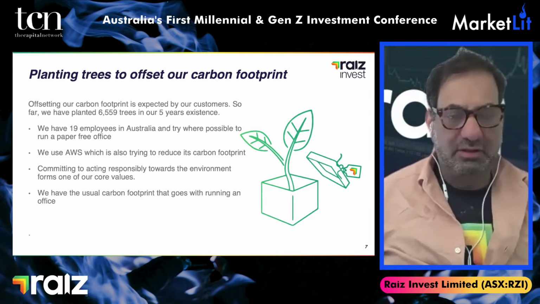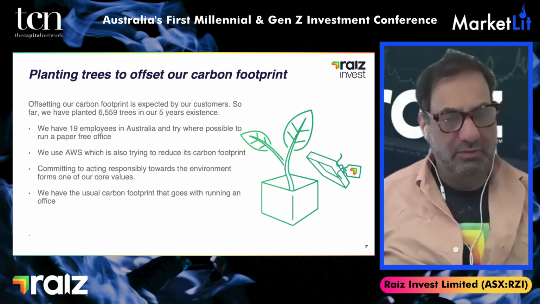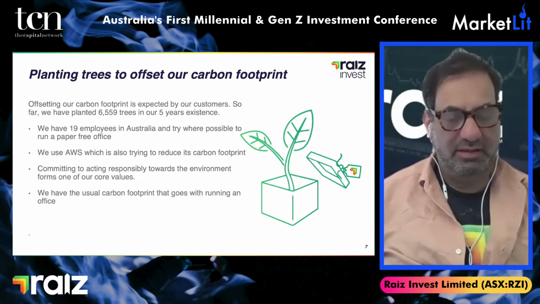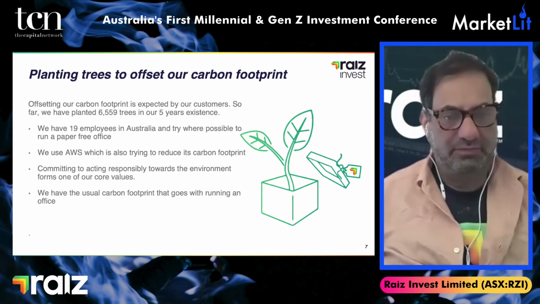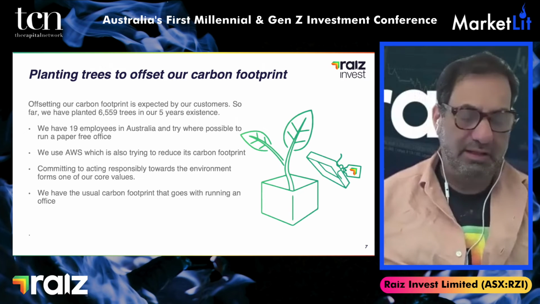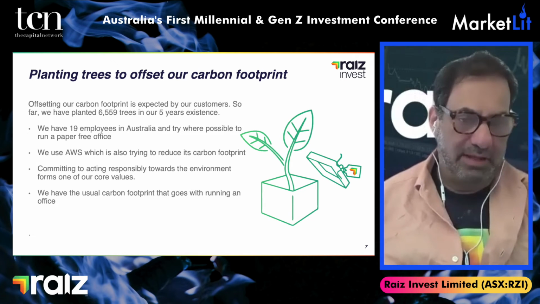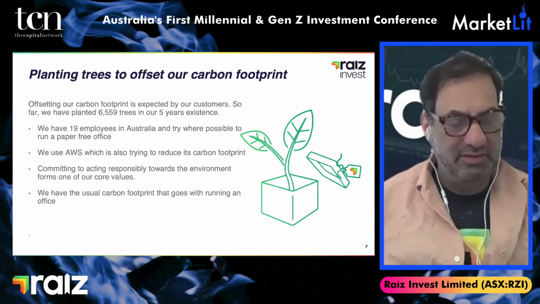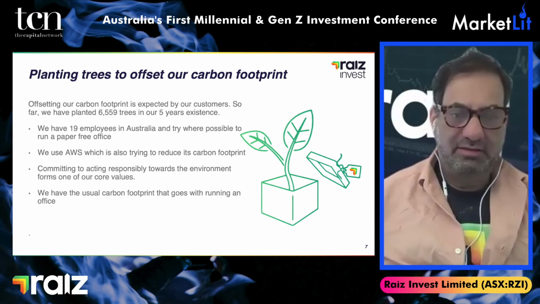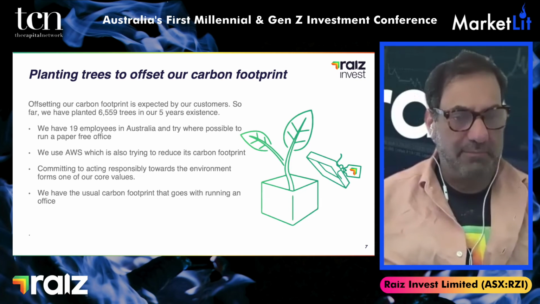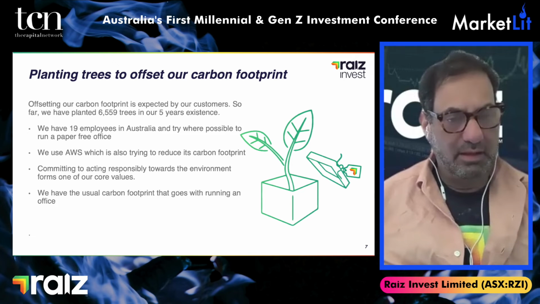As I mentioned, a lot of what we do is driven by what our millennial team wants to see the company do, and obviously offsetting our carbon footprint as a company has been very important to our team. So far, we've planted over 6,500 trees. That's about 650 tons of carbon removed from the atmosphere.